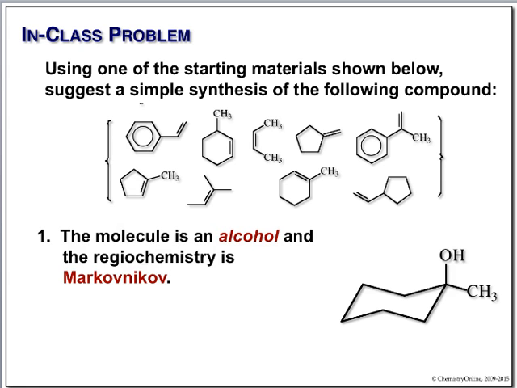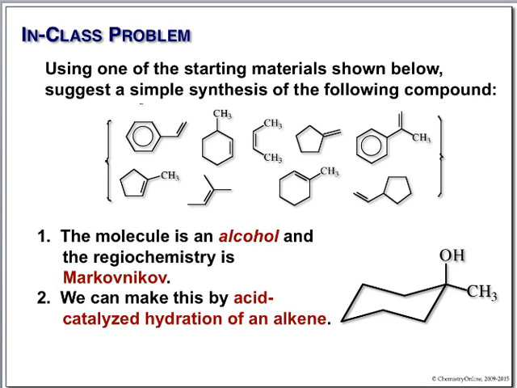The OH is bonded to the tertiary carbon, so it's a Markovnikov alcohol. We need a 6-membered ring backbone and a methyl group. How do we know to do this? Simple acid-catalyzed hydration would work. We can also do mercury(II)-catalyzed hydration.